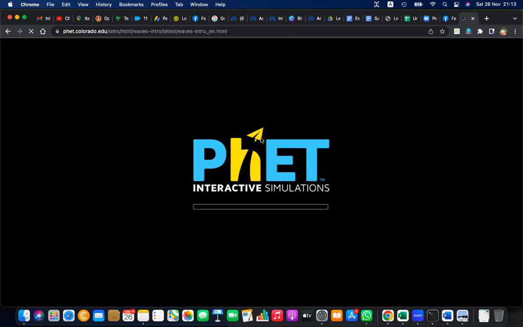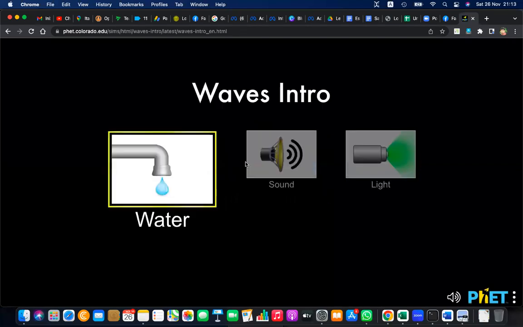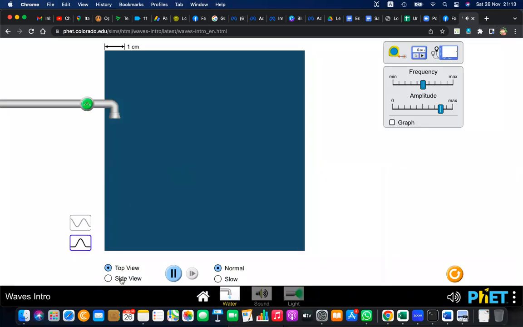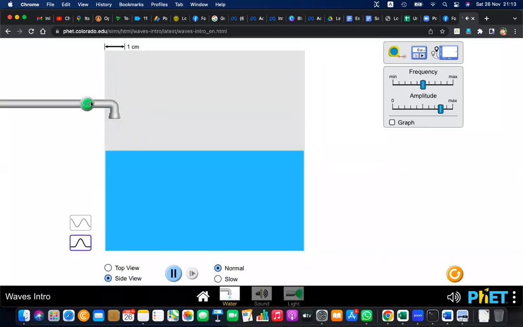Usually in a water tank, if you put water drops in at a certain frequency, certain time frames, you can see the wave format. Side view. Let's drop some water. Can you see when you drop water, that energy propagates forward? It uses these water particles, but using these particles it propagates the energy in some other direction. That is called a wave.